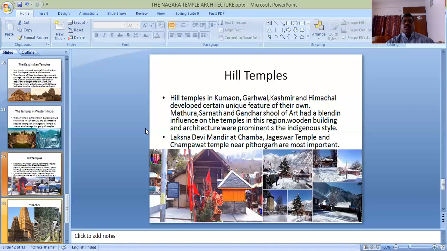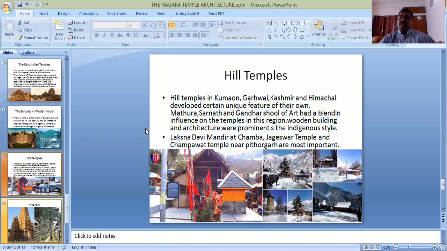So the Nagara style temple architecture had its own features and is also different on a regional basis, and the Nagara style temple architecture is known to us as North Indian temple architecture.